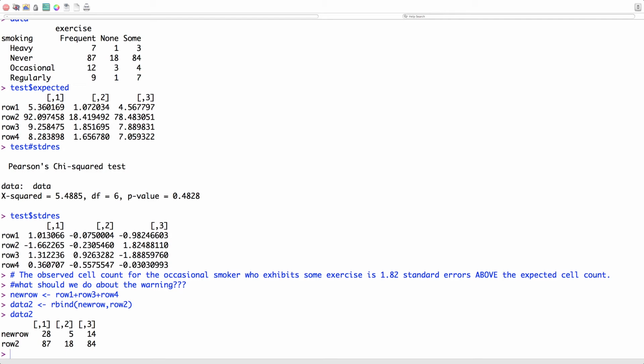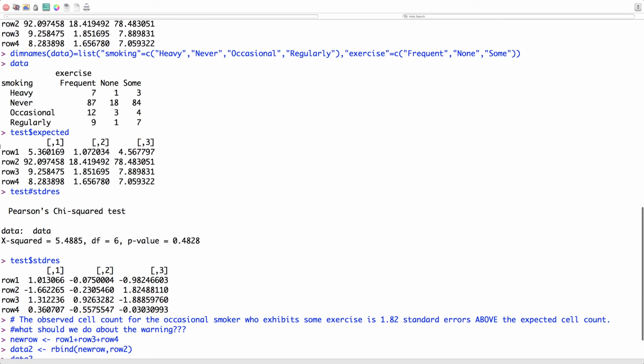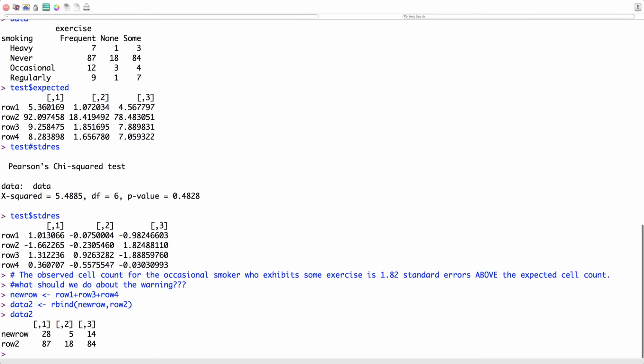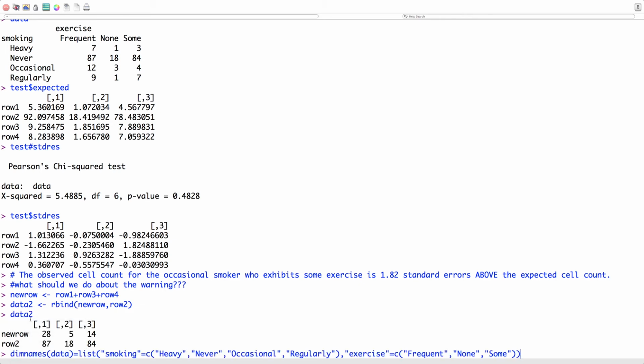Now, I would like to come in and do these dim names again, because it just really makes it nice to be able to identify the names. So I'm going to copy this and paste it because I think it's going to beat the alternative. So first of all, I don't need data, I need data 2. And for smoking, I don't need 4 rows, I just need 2.